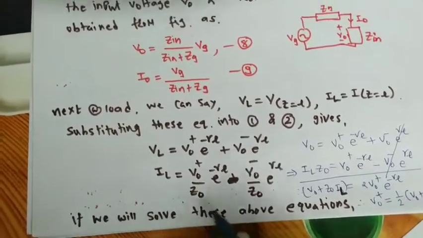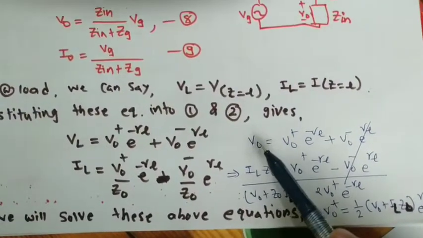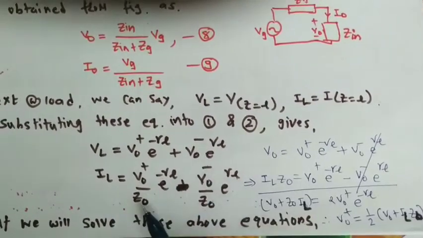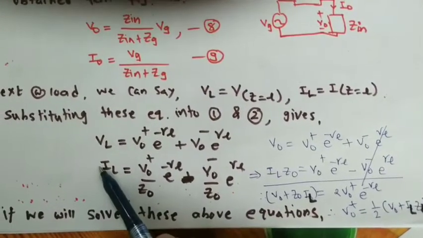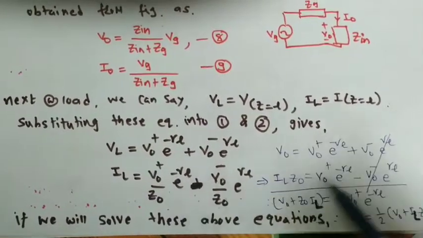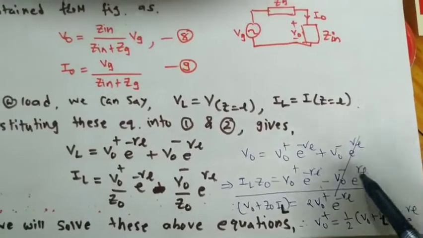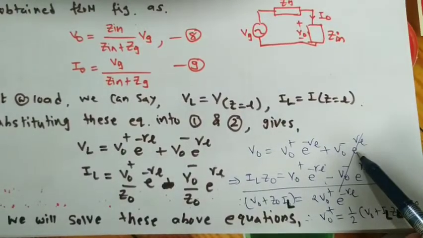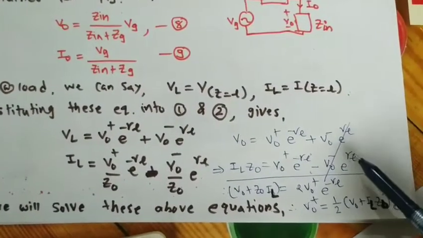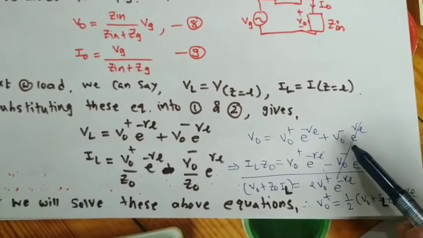So we will solve these equations. I have put it in such a way that first I multiply by Z0 here, so I get IL Z0 equal to V0 plus e raised to minus gamma L minus V0 minus e raised to gamma L. As we did earlier, we follow the same procedure and sum these two expressions so that we can eliminate one term.